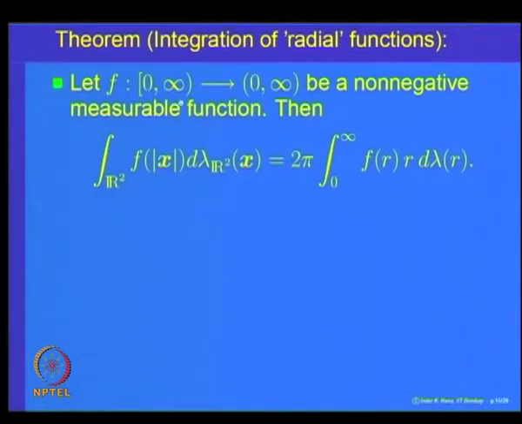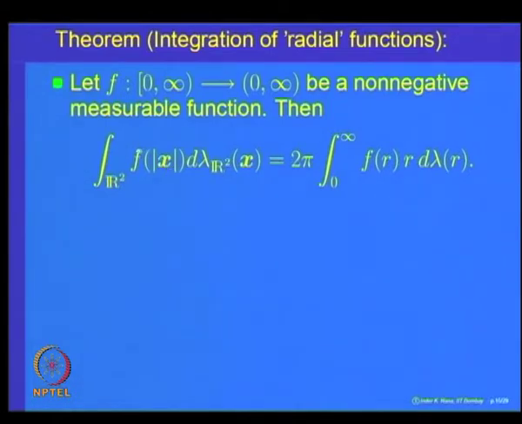Let us look at the theorem. Let f be a function defined from 0 to infinity, on the non-negative part of the real line, taking non-negative values. So, it is a non-negative measurable function defined on the non-negative part of the real line. Then the claim is that if I look at the double integral over R 2 of f of the absolute value of x, where x is a vector, so absolute value means the norm, the magnitude of the vector x.